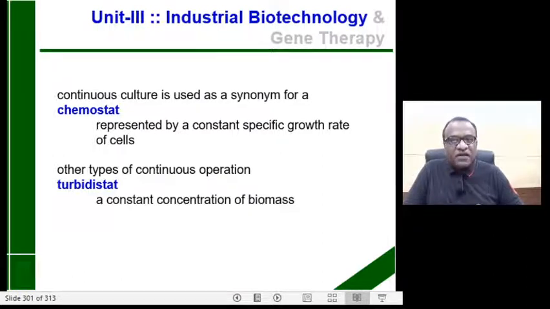Chemostat is represented by a constant specific growth rate of cells, whereas turbidistat is represented by a constant concentration of biomass.